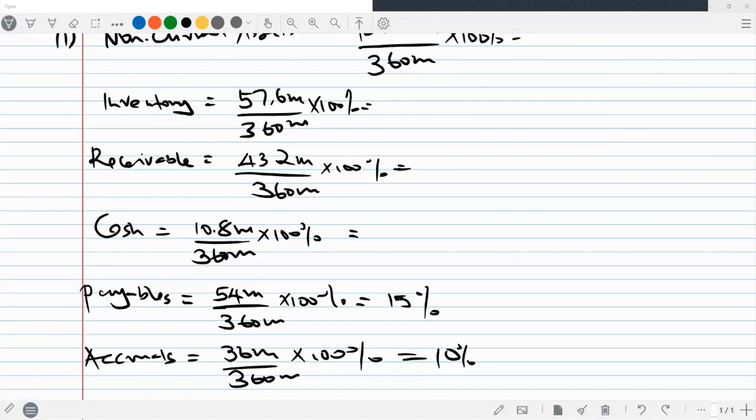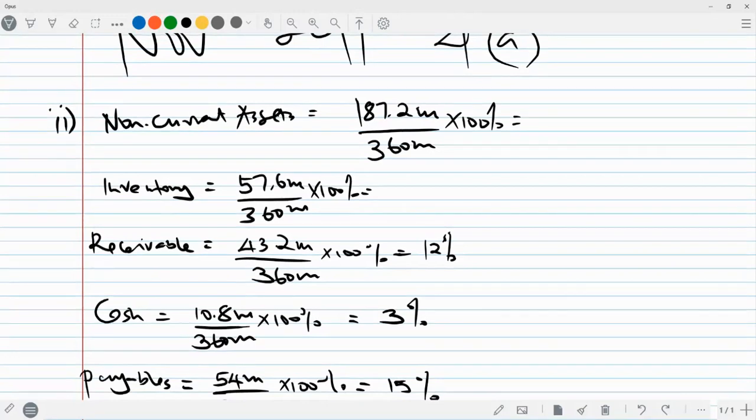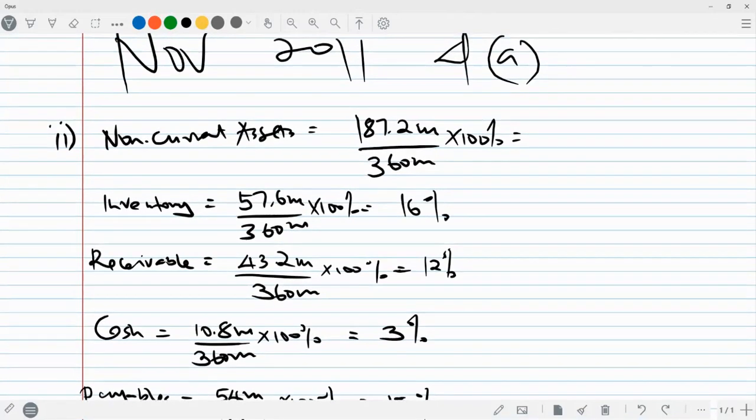Yes. Receivables, 12%. Inventory, 16%. Okay, exactly. Non-current assets, 52%. Okay, therefore that gives the percent of sales for each of the accounts, which we have been able to identify all the way from non-current assets to the accruals.